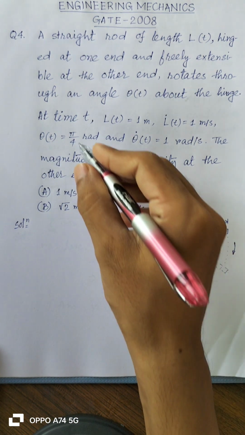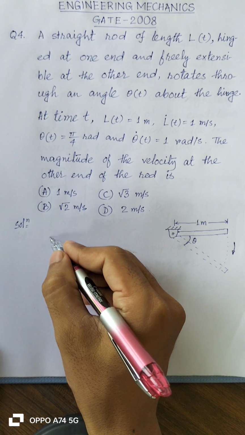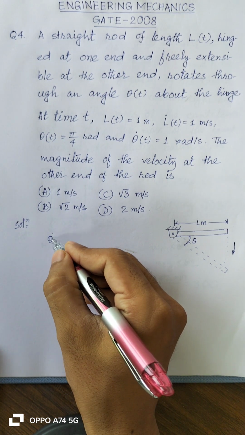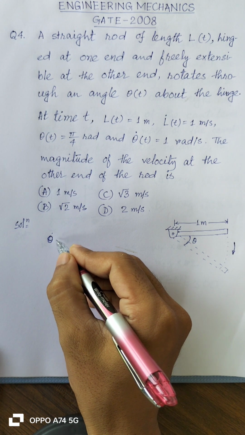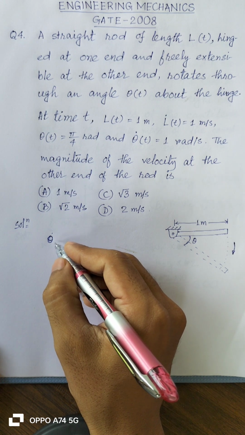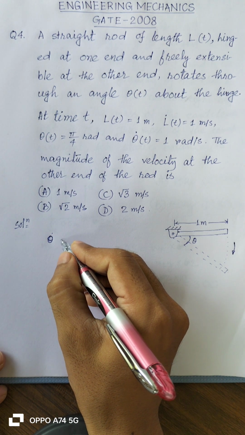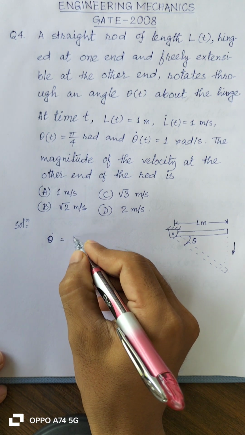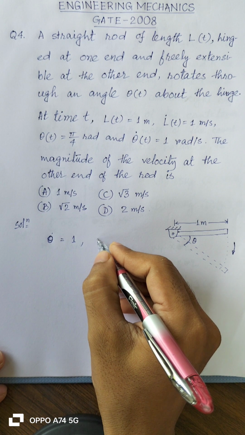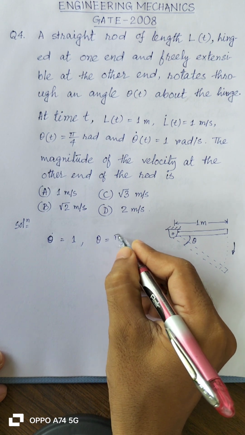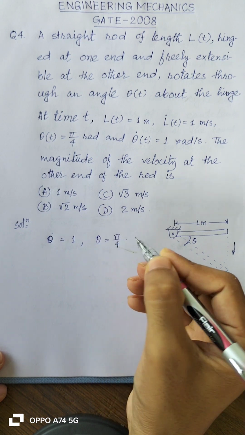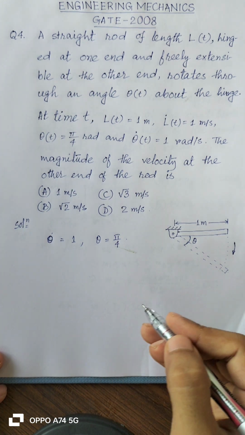Theta is equal to pi by 4. So clearly theta dot is given. Theta dot, that is nothing but d theta/dt, is equal to 1 given, and theta is equal to pi by 4. If theta is equal to pi by 4, then what is the time taken?